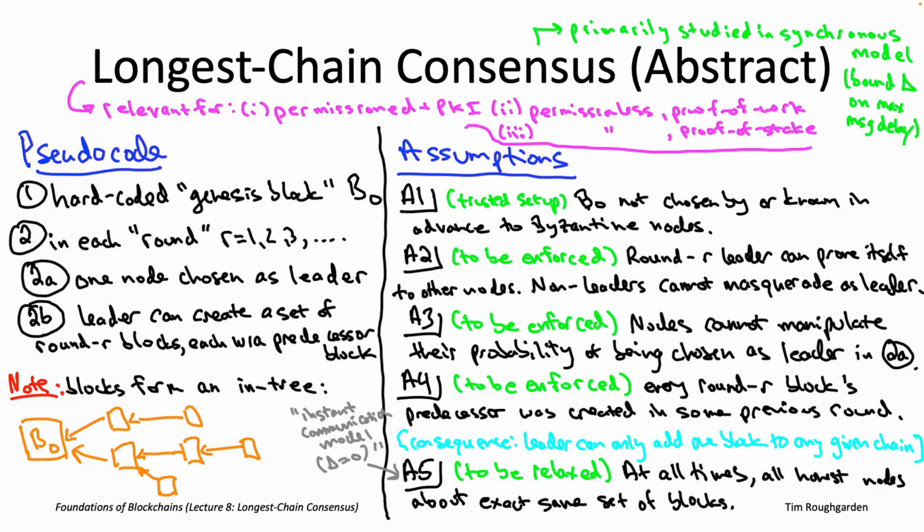That's the stronger version of assumption A4, which holds for this proof of work implementation of longest chain consensus. Each round, only one block gets proposed. The predecessor for that block has to be specified at the time of creation, so the only blocks it could conceivably refer to were the blocks that already existed at that time, which of course are from rounds earlier than R. So no problem with assumption A4 for Nakamoto consensus.